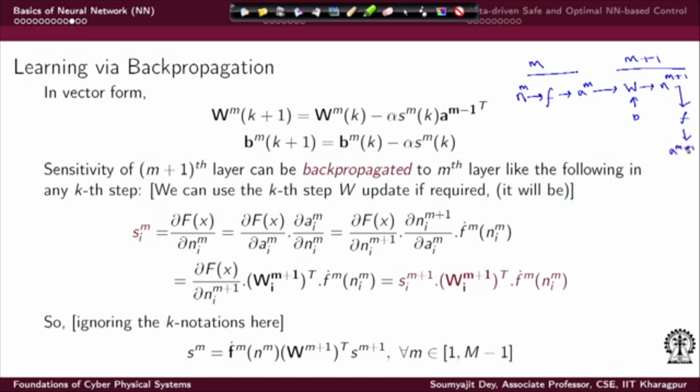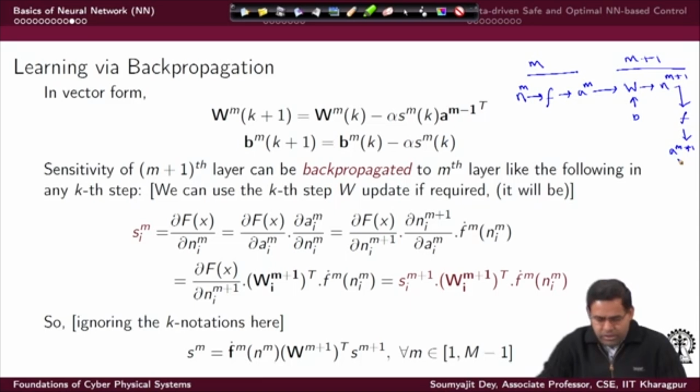So that's kind of the sequence, right? Nm acted upon by activation F gives you Am, then you have the weight of the m plus 1th layer to give you N of m plus 1, and then it's acted upon by the activation again, and you get the final value Am plus 1, right?